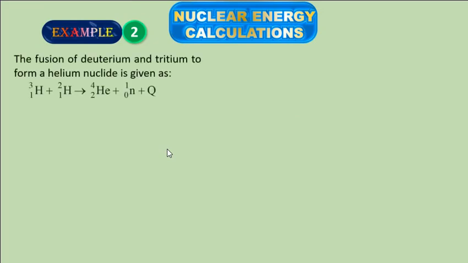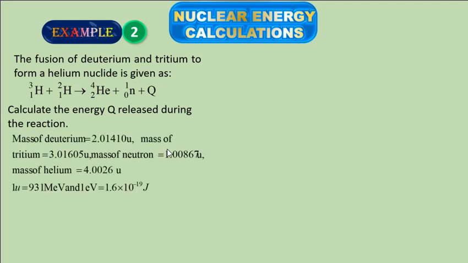And then we have the example and the information all given. The fusion of deuterium and tritium to form helium nuclide is given by this equation you are seeing on the screen. Calculate the energy Q released during the reaction.